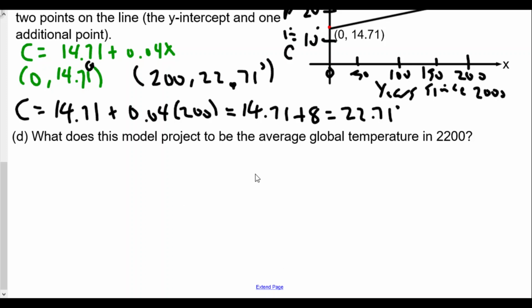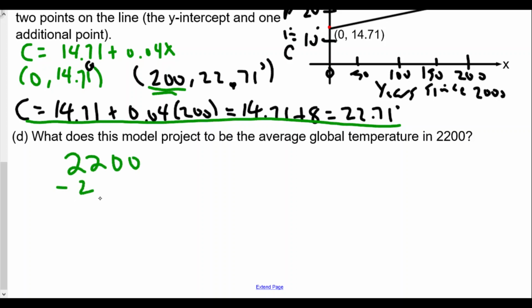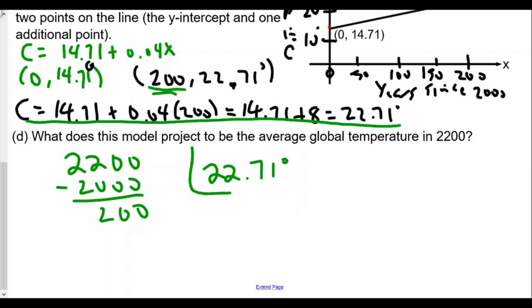We found that temperature, because in the work we did here, because 200 years, because 2200 minus 2000 is going to be 200. The average global temperature will be, in this case, 22.71 degrees. Okay, that's the predicted value. Let me make this full page here so you guys can see everything.